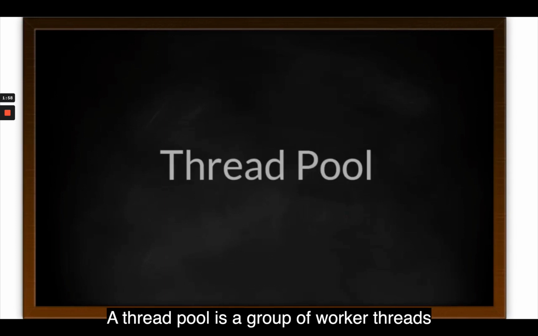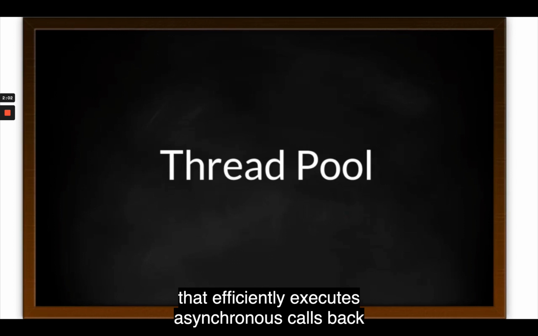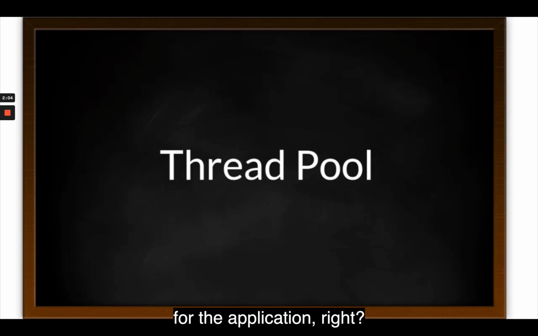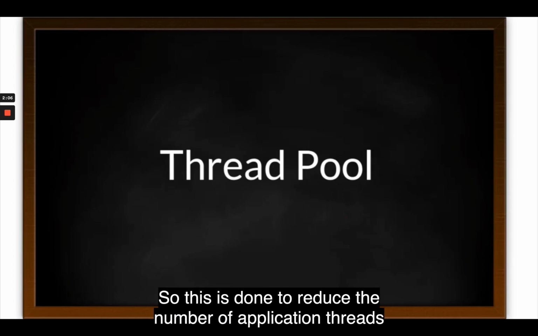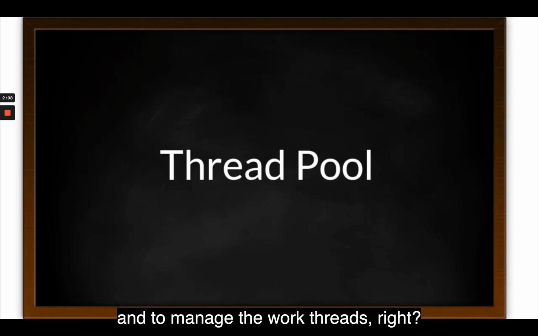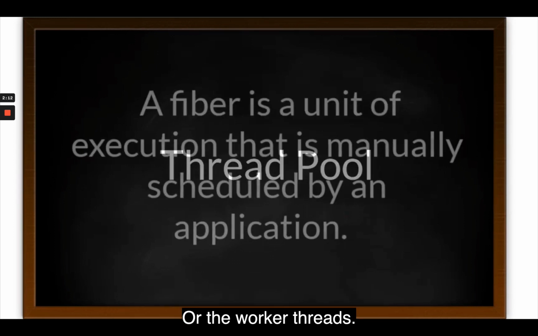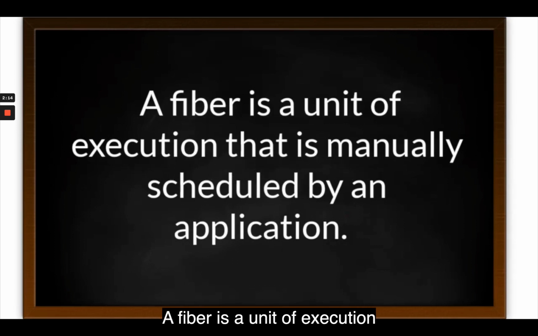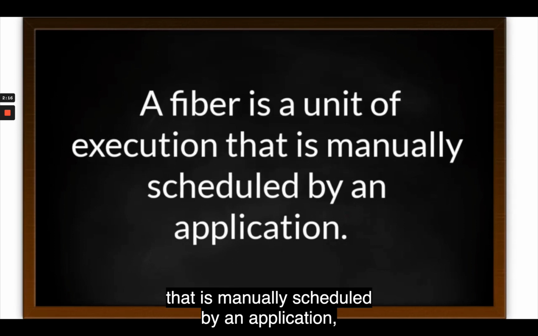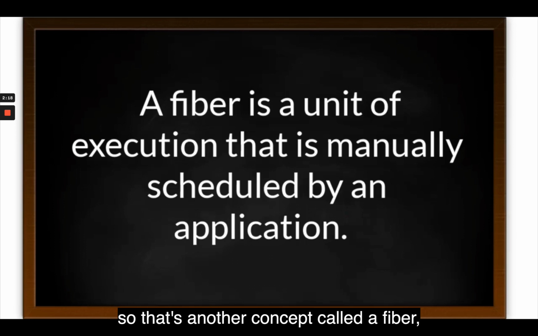A thread pool is a group of worker threads that efficiently execute asynchronous callbacks for the application, right? This is done to reduce the number of application threads and to manage the worker threads. A fiber is a unit of execution that is manually scheduled by an application. So that's another concept called a fiber.